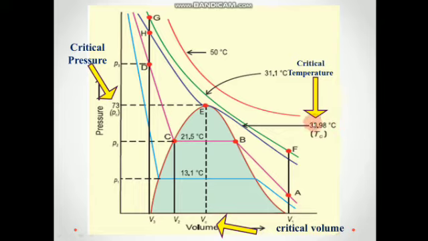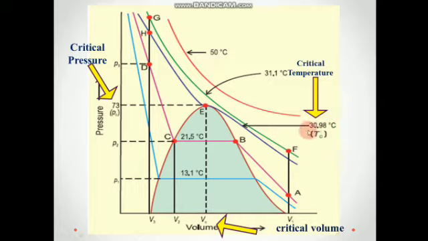Above this temperature, if it was 30.98 and we went to 31.1, the conversion from gaseous state to liquid state was not possible, right? So we took it from 50 degrees Celsius and decreased it up to 31.1, but still it was not getting converted. But as it reached 30.98, this particular temperature, the gaseous carbon dioxide was converted to liquid carbon dioxide.